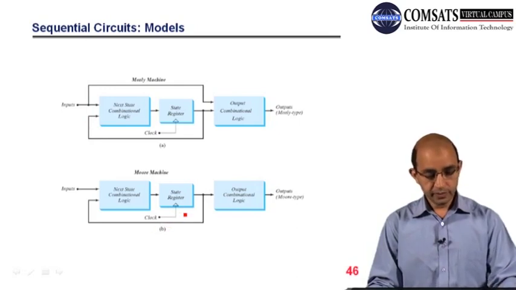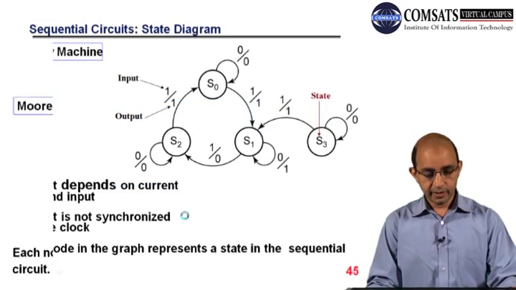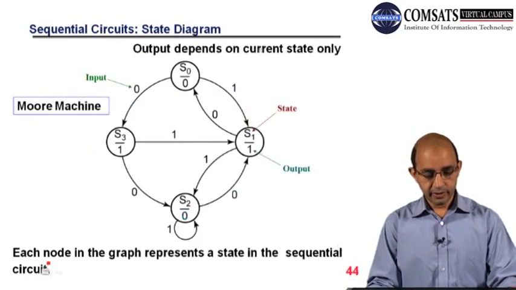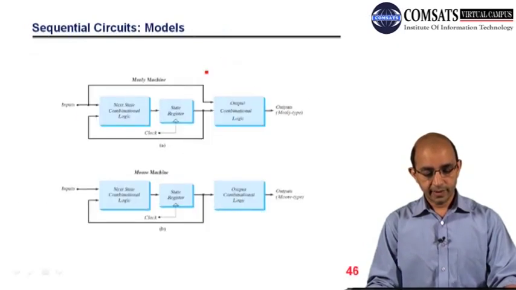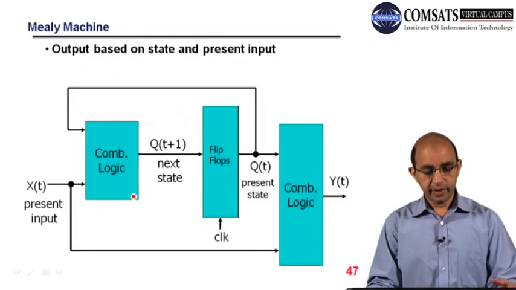So if I go back, here you can see this is the Moore machine, and output is dependent only on the current state. Here we have another representation. You can see that we have a flip-flop that is sandwiched between two combinational logics.